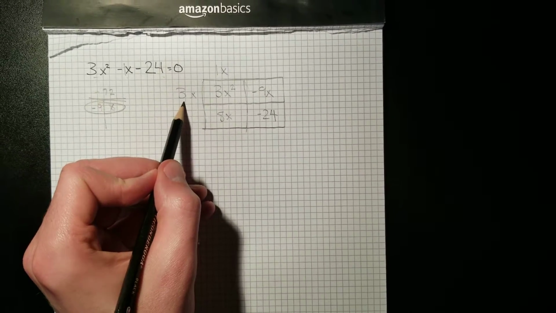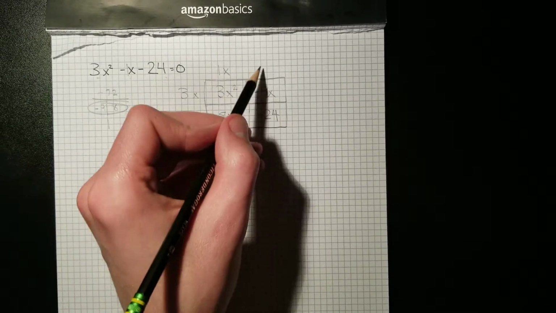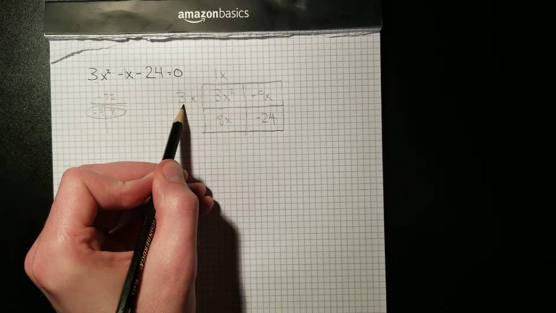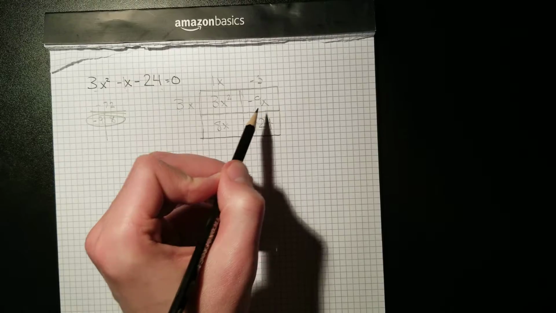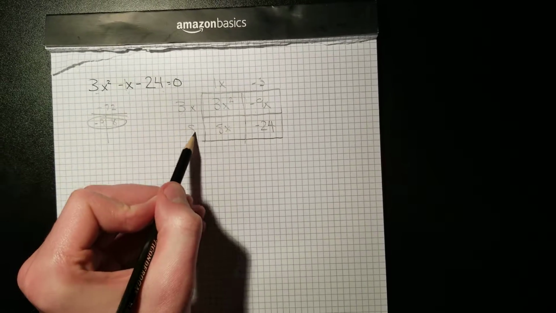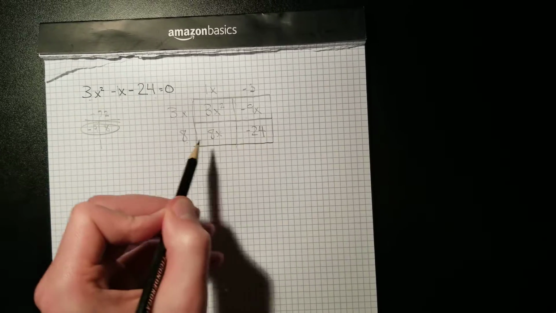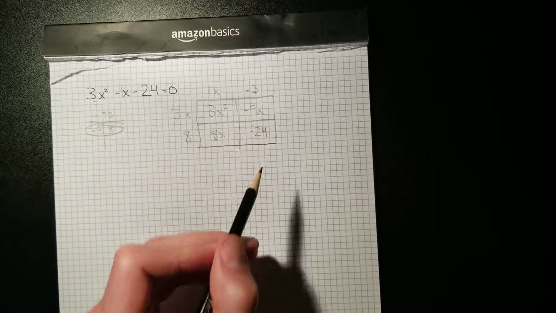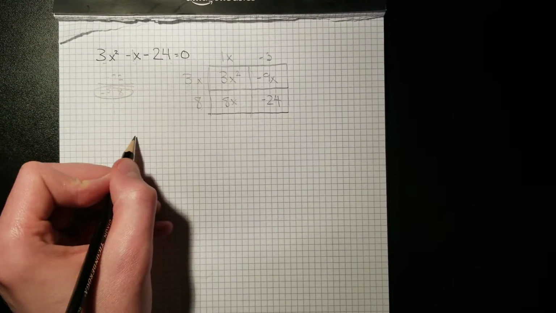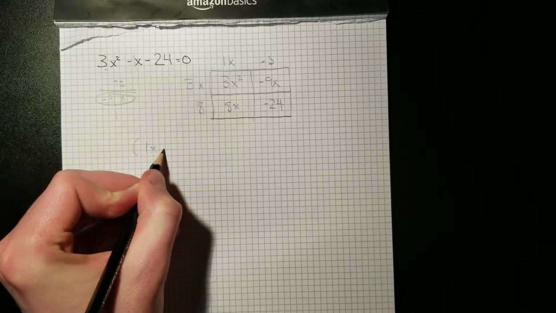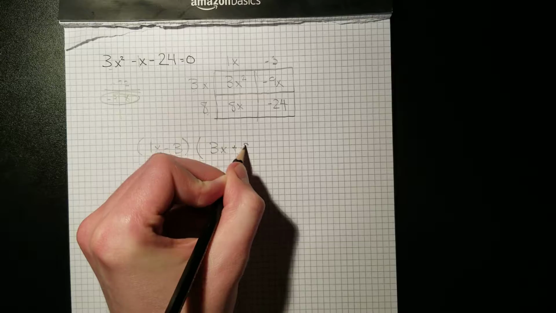Also, it makes sense to put the 3x over here because we need to have 3x go into the negative 9x. And it does go in negative 3 times. So 3 times negative 3, negative 9. 1x times 8 is 8x. So we're going to put an 8 over there. And just to check, 8 times negative 3, negative 24. So we are going to take those. Our factors are 1x minus 3 and 3x plus 8.